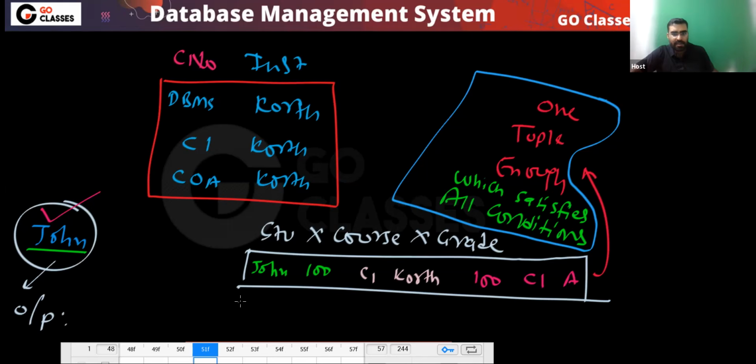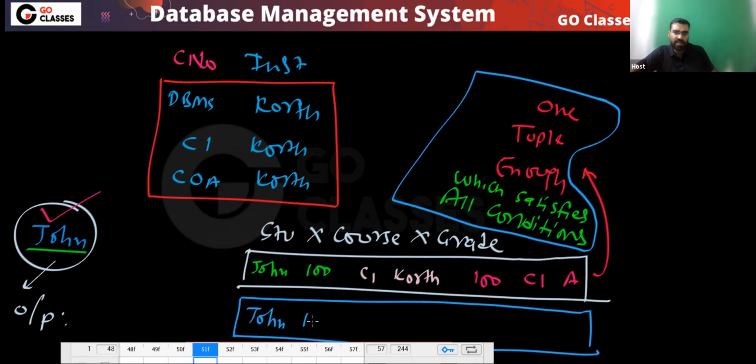Now it can happen. See, if this tuple is also there, can I say Zone will not be in the output? For example, let's assume in the DBMS taught by Korth, Zone has got grade C. Zone has got grade C in the DBMS.